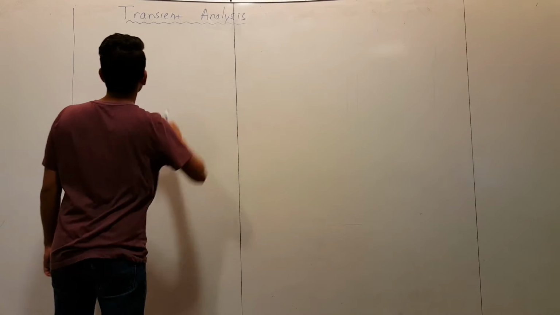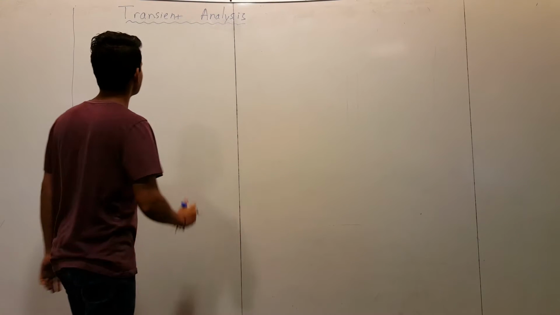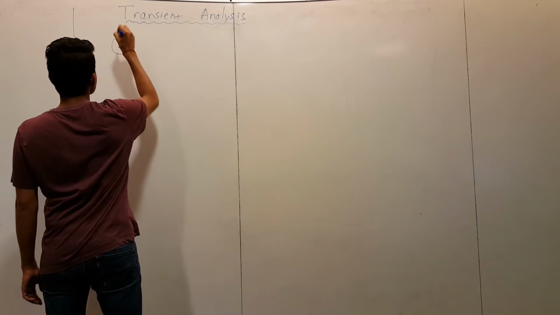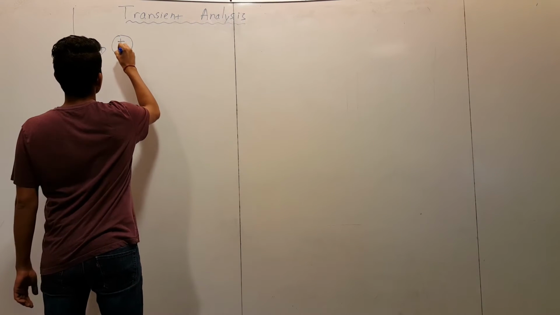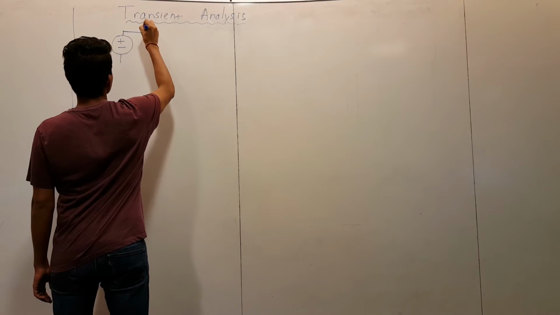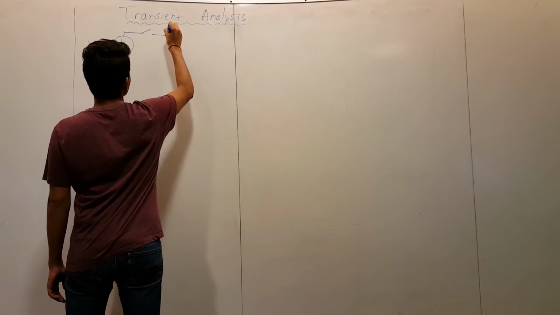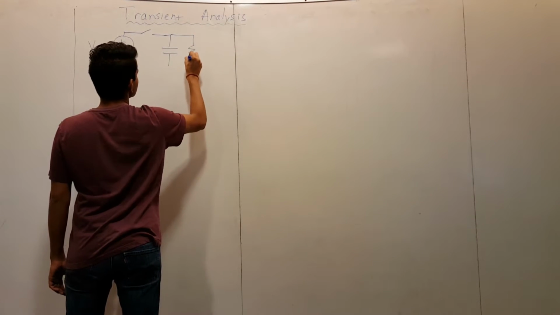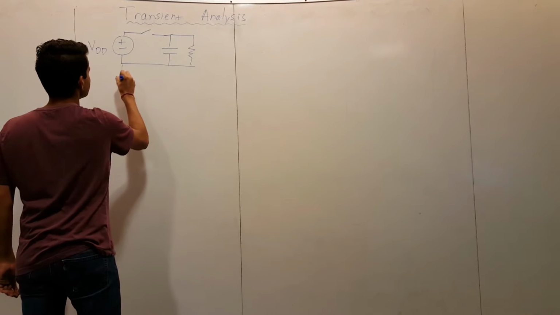We're going to start off with a simple motivating example, which was actually part of the homework, I believe. We have a voltage source at voltage VDD, and connected to it via a switch, we just have a capacitor and a resistor. These are all connected, and this is grounded.